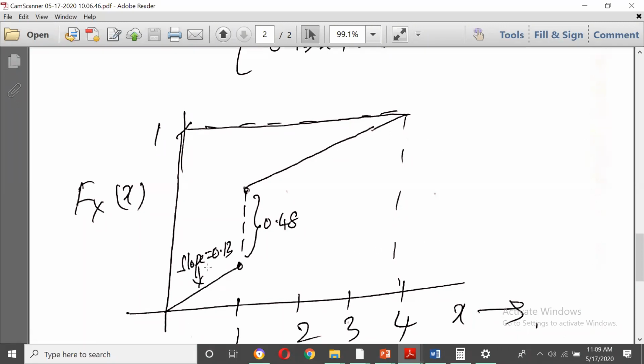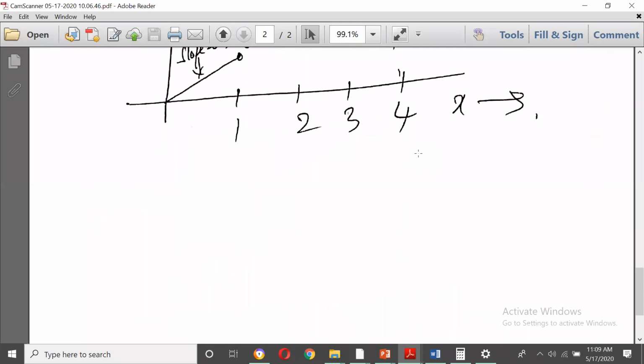Till 3 means 0.12 into 3 will give me the value 0.36 here. 0.36 plus the 0.4 will give 0.76. Then for 2 units from 3 to 5, the slope is again 0.12, that will give 0.24. 0.24 plus 0.76 will give me the value 1. So that is how we can write the expression as well as the plot.